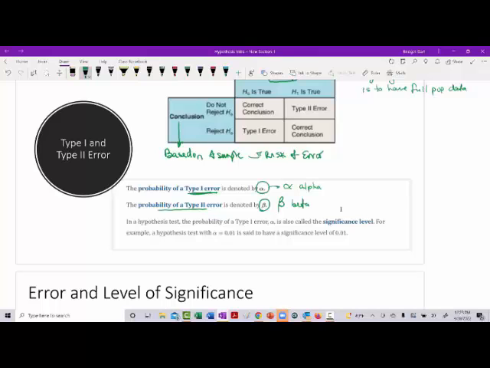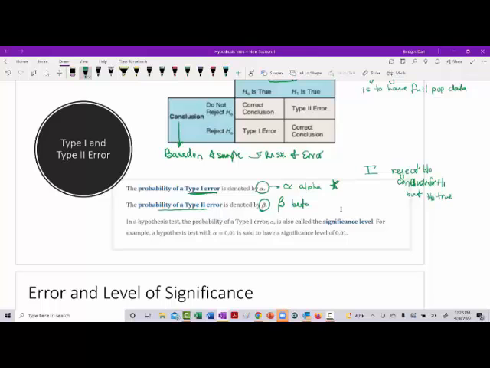Our focus is really going to go to the probability of a type 1 error. A type 1 error is when we reject the null hypothesis, we conclude for the alternative, but the null hypothesis is really true.